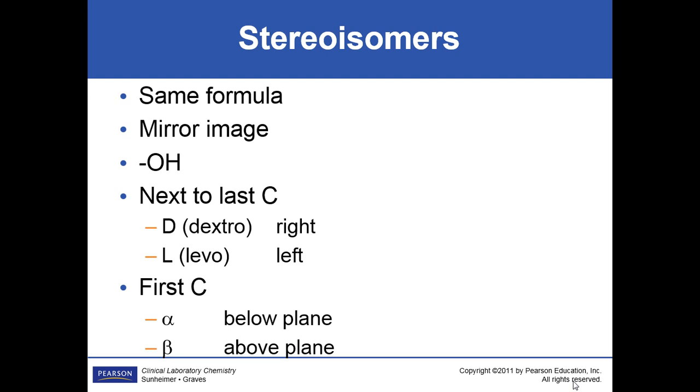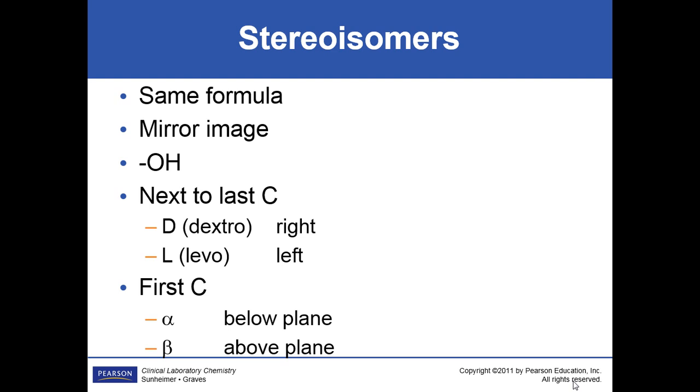But you can also, 3-dimensional, you can go above and below the initial plane that the carbons are on. And so we can categorize it alpha if it is below the plane, so that would be underneath, and beta if it's above. And that's just the opposite of what you would think. It'd be nice if the above was the alpha and below was the beta.